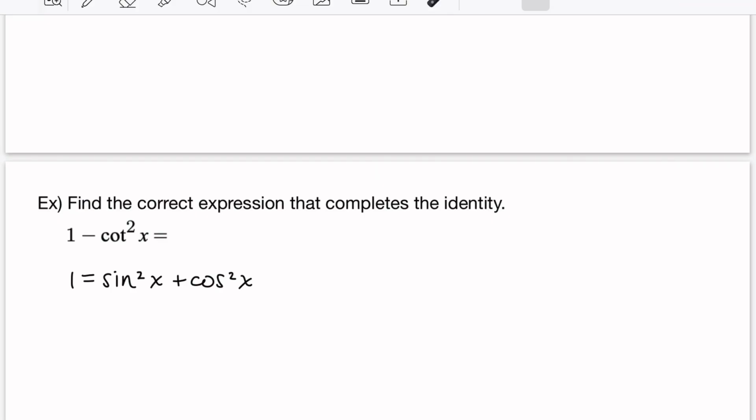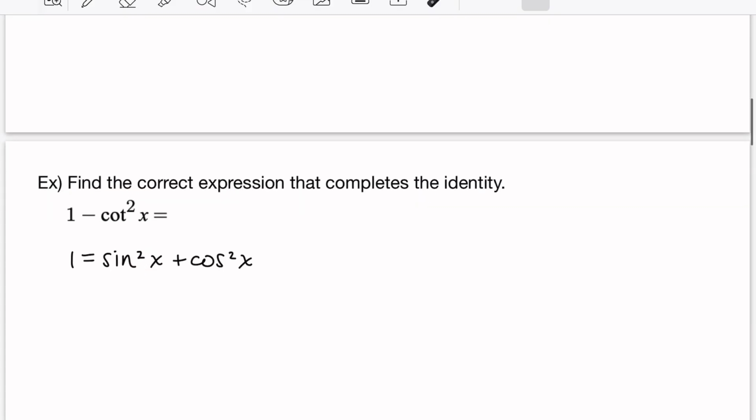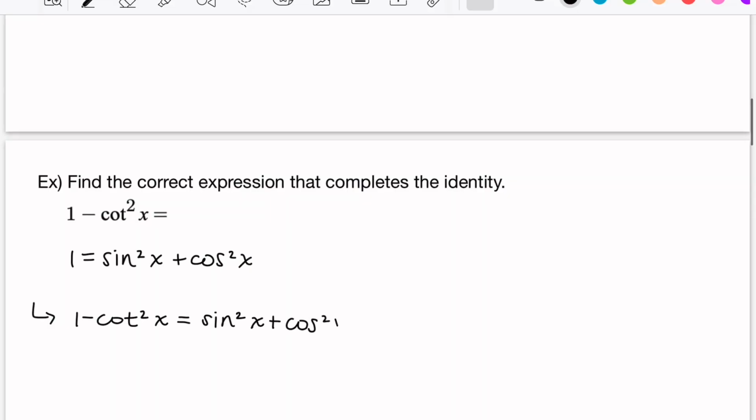So with this, we can rewrite this 1 in terms of sines and cosines. So this tells us this guy is going to be equal to sine squared x plus cosine squared x, that was 1 here, and then minus cotangent squared x.